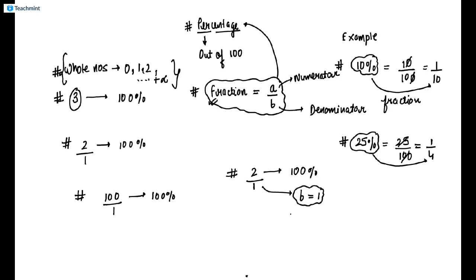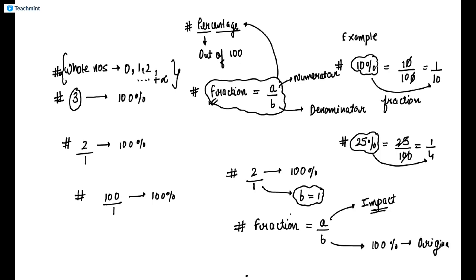So a fraction can be written as a by b, right? Where a, as I will tell you further, is called the impact and b is the original value, that is 100%. I will tell you further in the coming classes. When I solve the questions, you will come to understand what I am talking about.